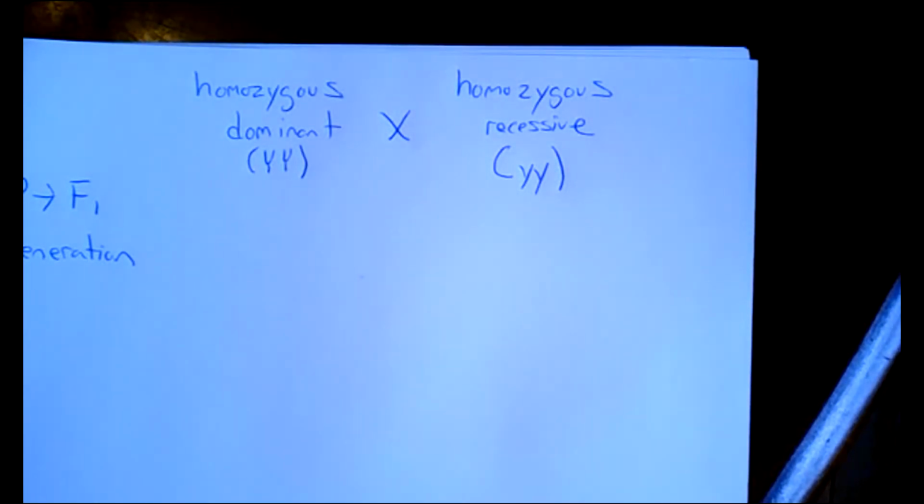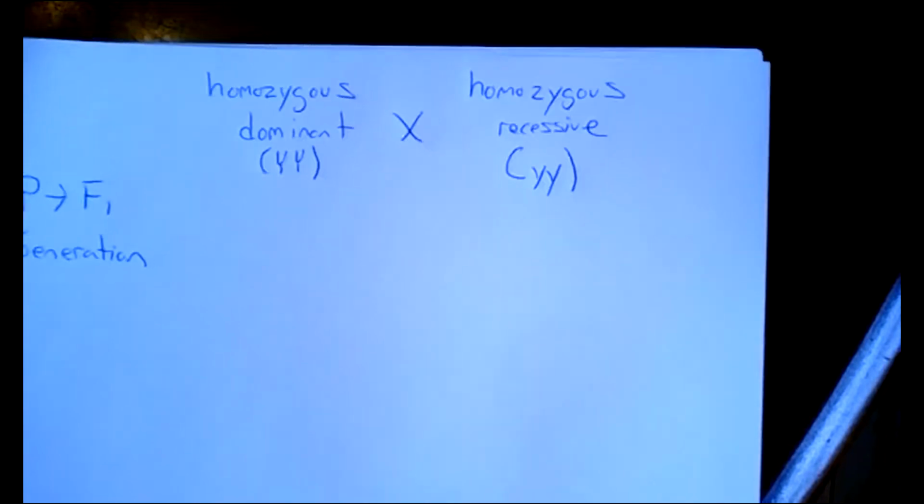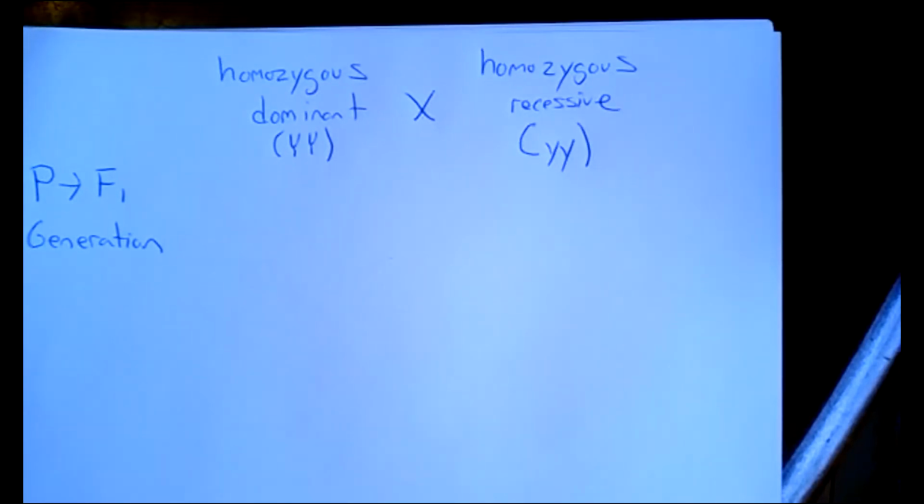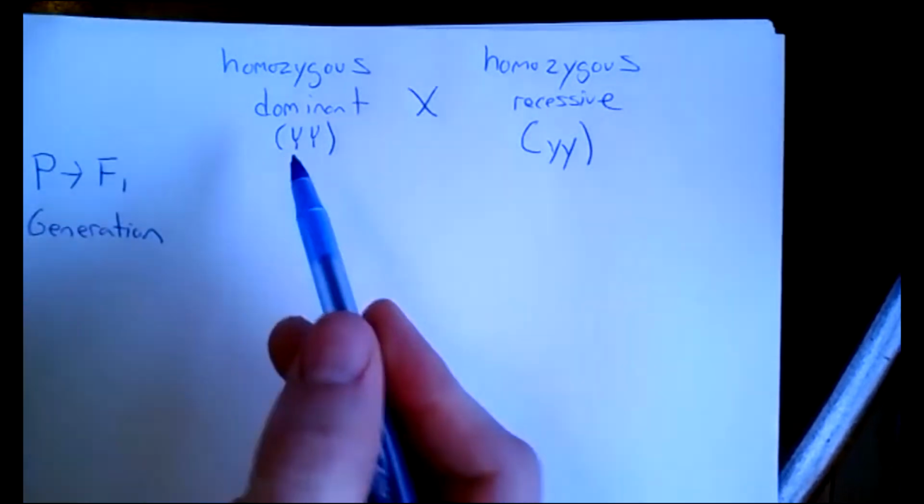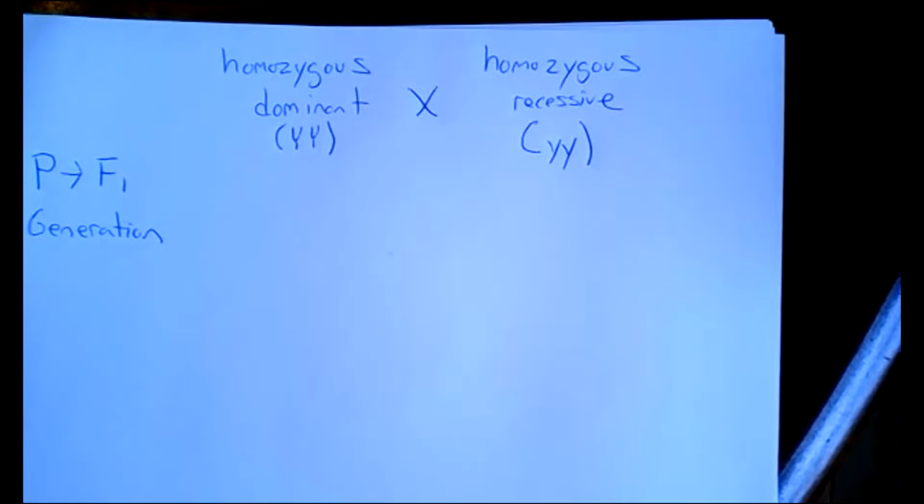And see what happens. See what my offspring are like. So that's what Mendelian genetics is all about. It's about predicting offspring, what they're going to be like, how parents lead to certain characteristics in their children.